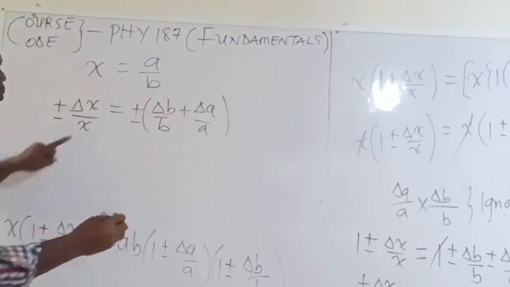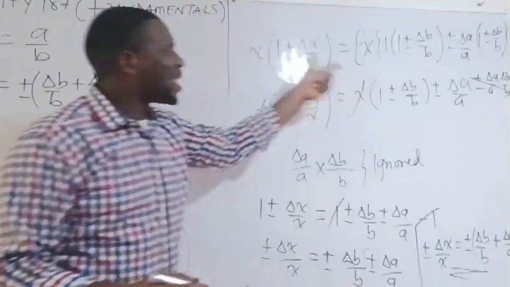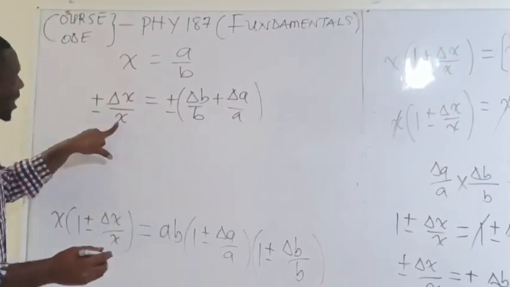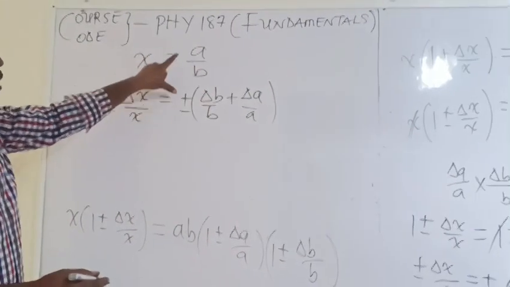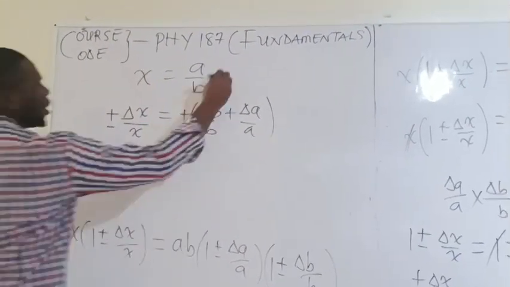But you have to note something: for products, x is a times b, the product of the measured values. But when you have quotients, you are dividing, so x will be a over b.